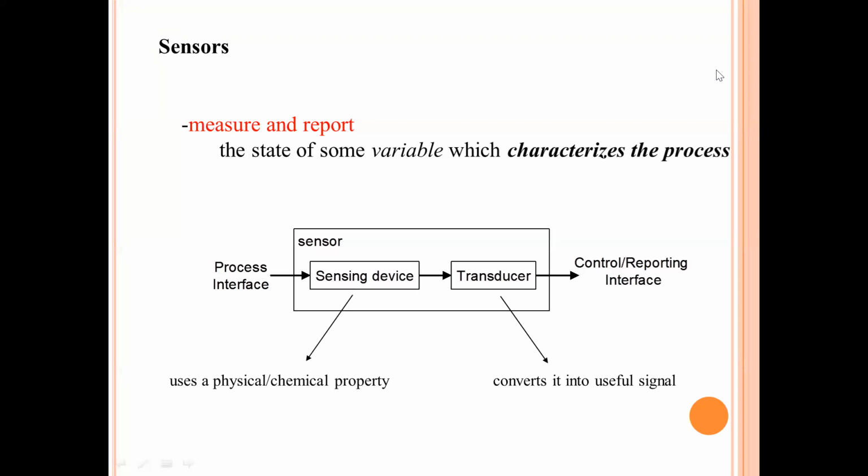It senses and collects the data, and a sensor will have a transducer which converts the collected data into a measurable output or some useful signal with which we can perform analysis. In short, sensors help to measure and report data.